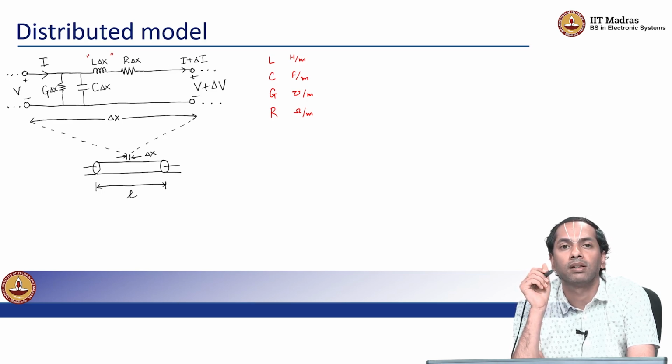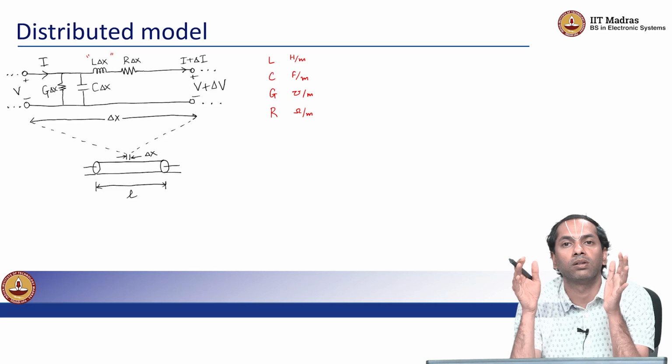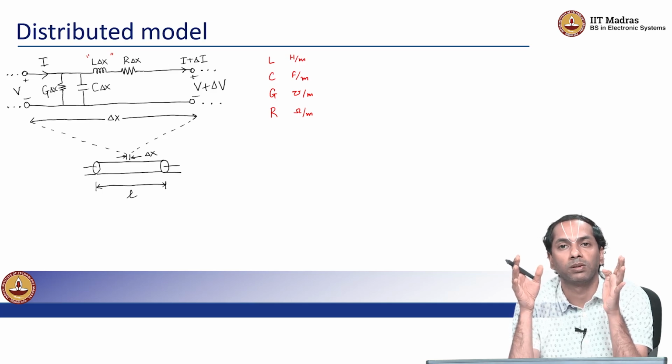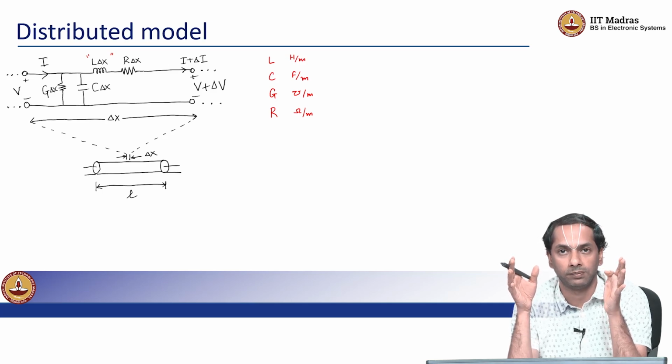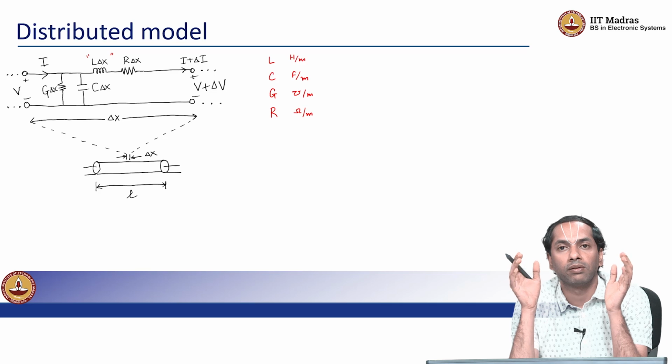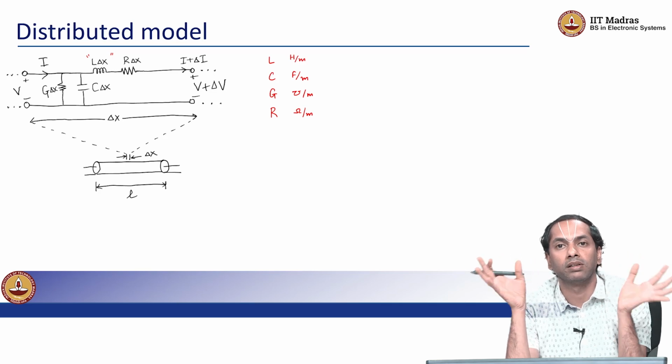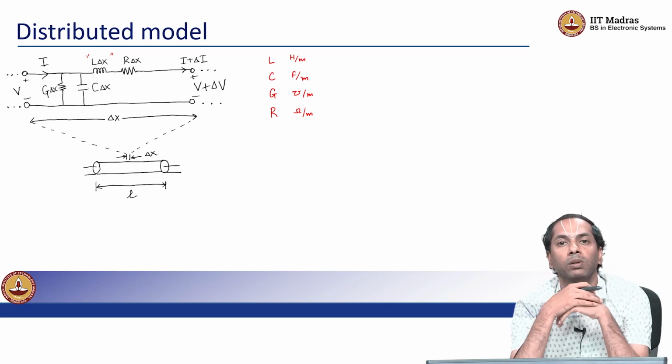This is the net effect of introducing a transmission line, or a pair of conductors of some finite length comparable to the wavelength of the signal, and the effect that it has on the circuit performance. So this is how I can model it.